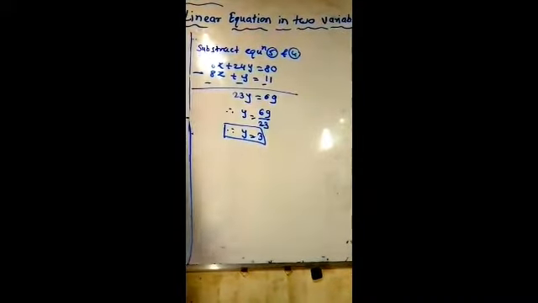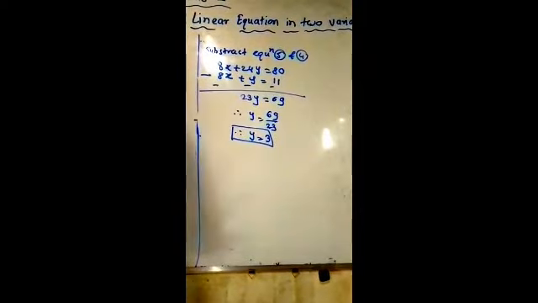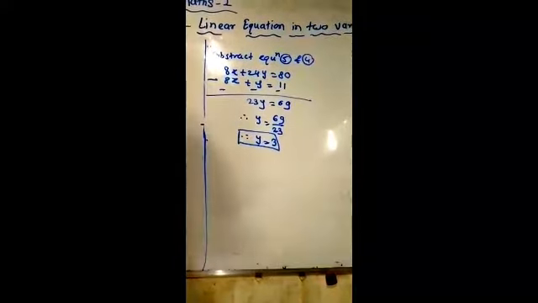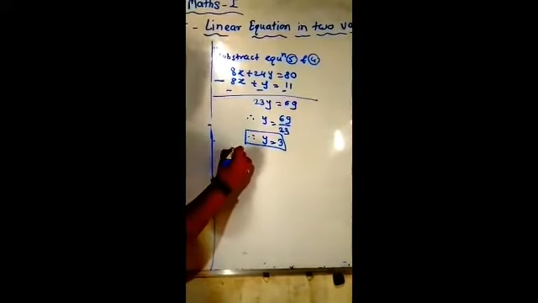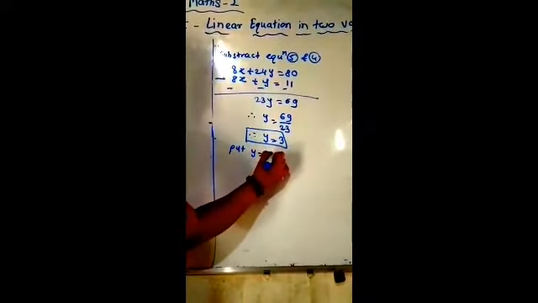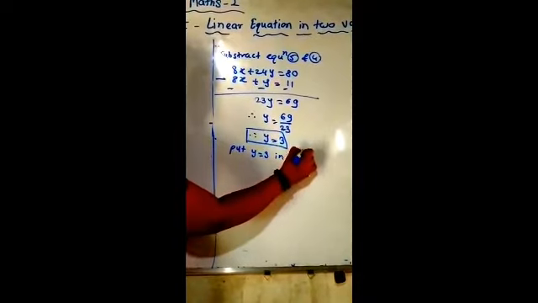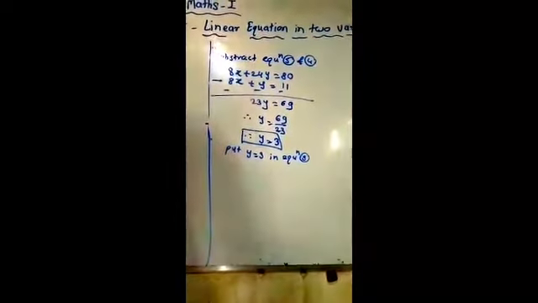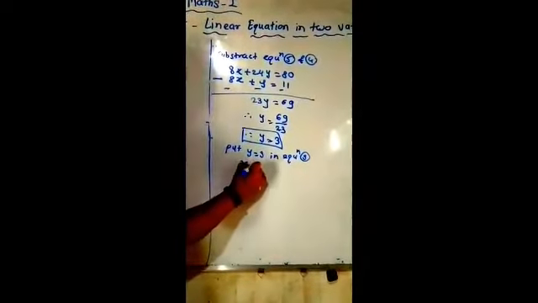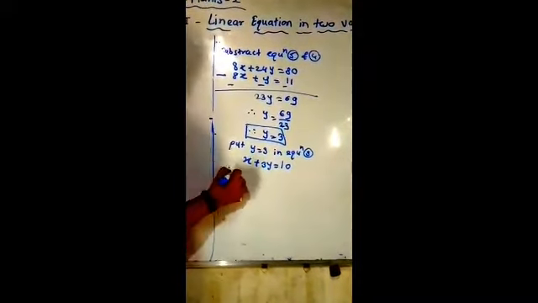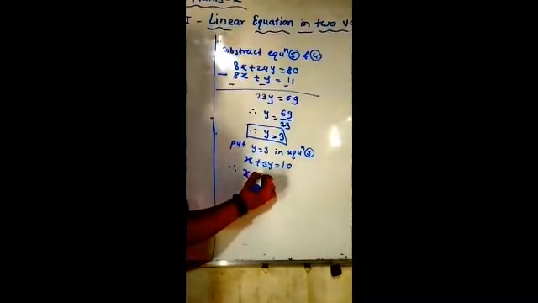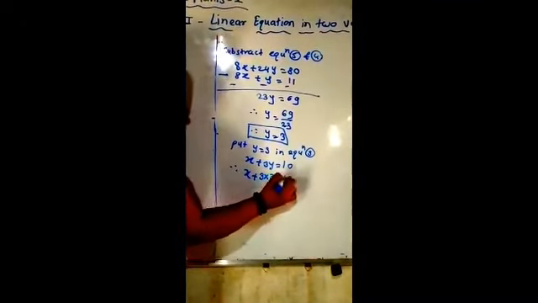Then for calculating the value of x, put this y is equal to 3 in equation number 3. Equation 3: x plus 3y is equal to 10. Therefore, x plus 3 multiply 3 is equal to 10.